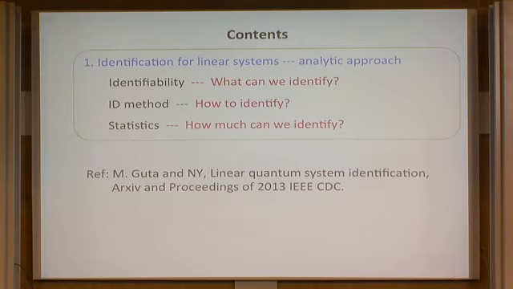I'm talking about identifiability, the specific identification method, and the statistics related to quantum methodology like Fisher information. Roughly speaking, those three topics correspond to what we can identify, how to identify, and how much we can identify. So this is the whole procedure for system identification.